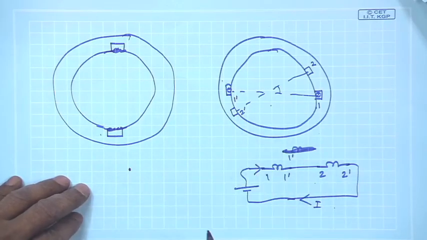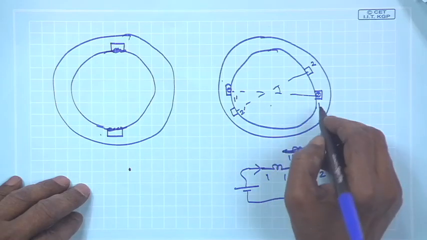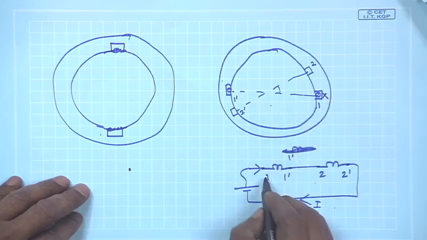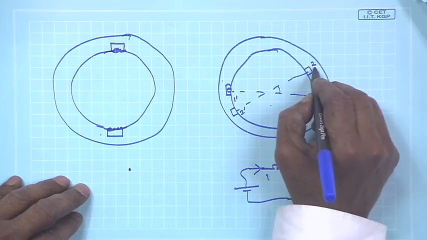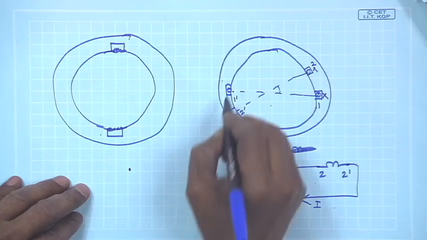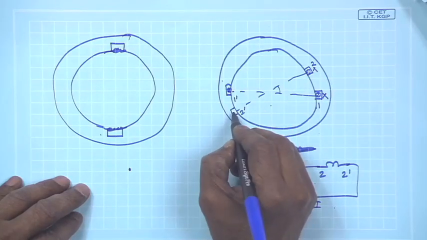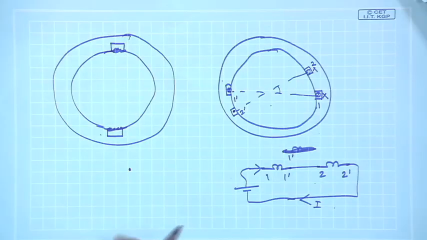Then the distribution of the current will be 1 cross, 2 cross, and these two are dots, is not.